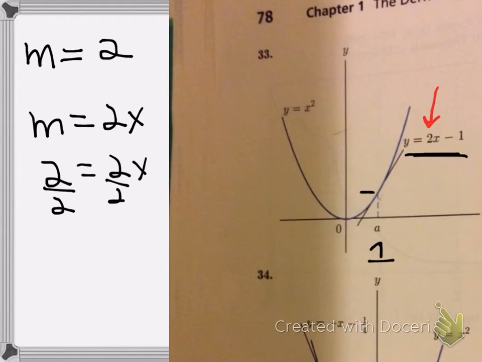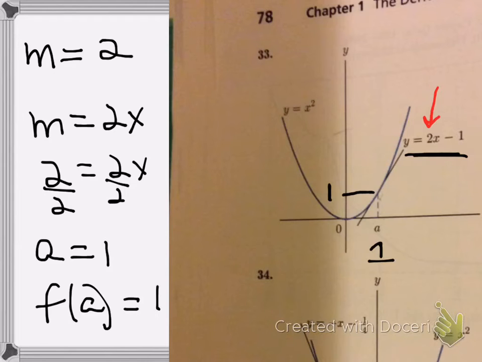If a is 1, f of a is 1 squared, which is also 1. So I have my point. So my a equals 1, and my f of a also equals 1, because 1 squared is 1. Okay, so that wasn't too bad. So let's go on to 34 on the next slide.